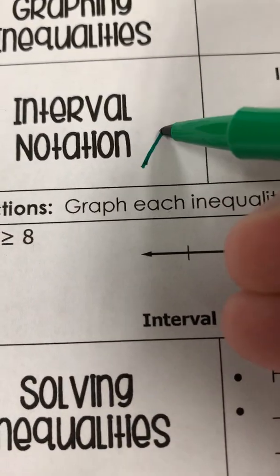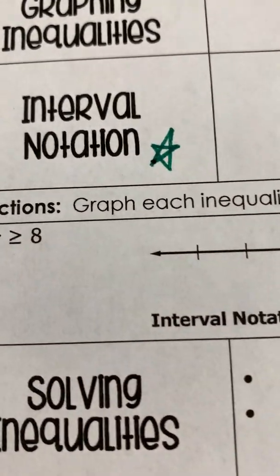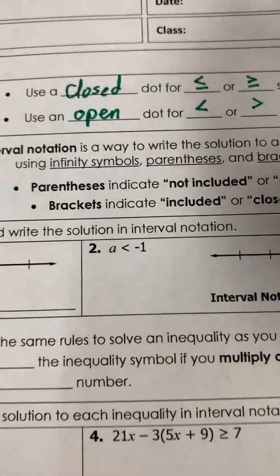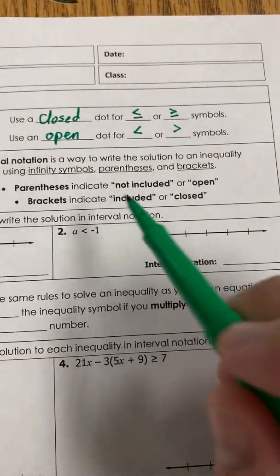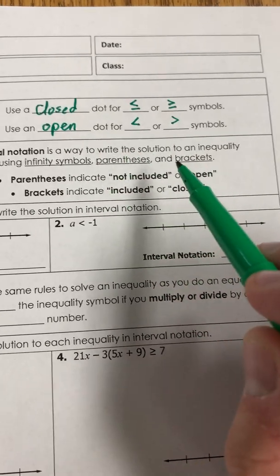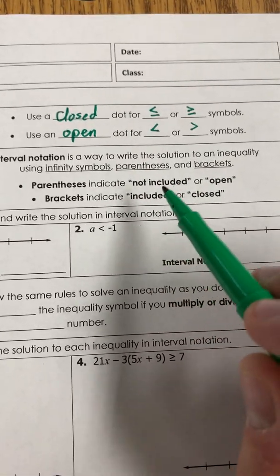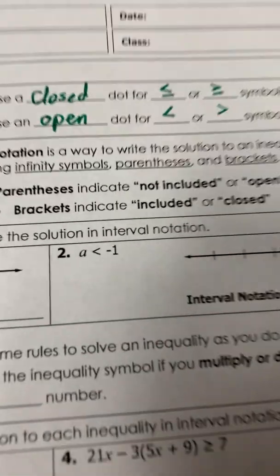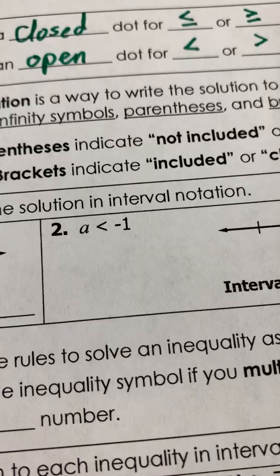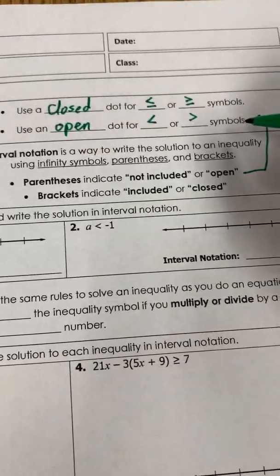This might be a little bit new, interval notation. It's a way to write the solution to an inequality using infinity symbols, parentheses, and brackets. So just real quick, this is what they mean. Parentheses, not included, open. Okay. So they are connected to those.